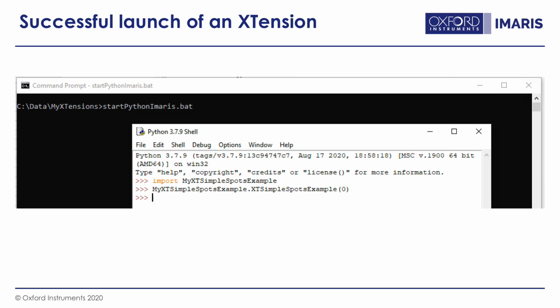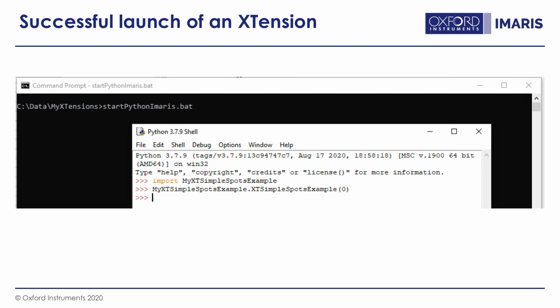If everything works fine, it looks like this. You have the import here in the Python IDLE IDE in white. You do the import and then the call of the Xt simple spots example method.